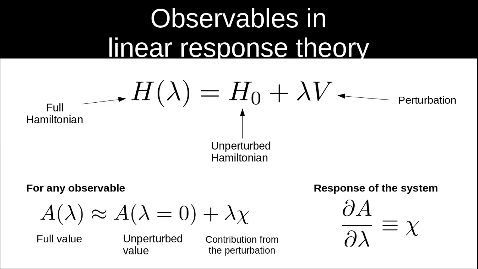In particular, the derivative of the observable with respect to the strength of the perturbation is what you call the response of the system. That is the fundamental object that you obtain from linear response theory. In a more concrete way, this response of the system is what we usually call the susceptibility of the system, the magnetic susceptibility of a magnetic material, for example.